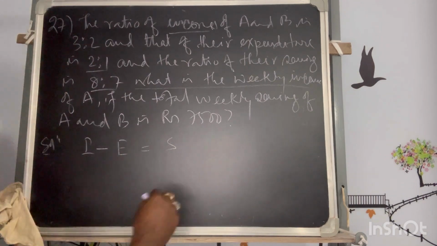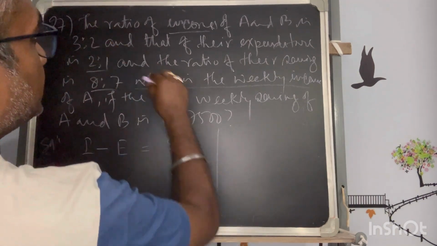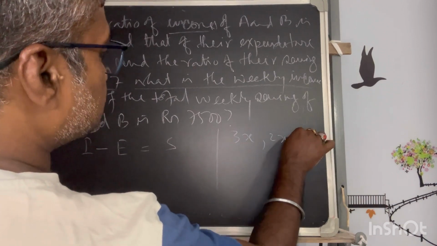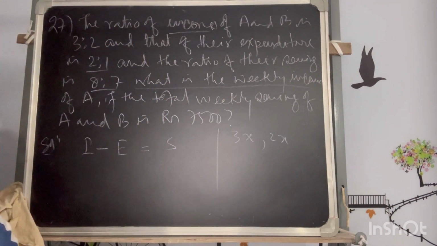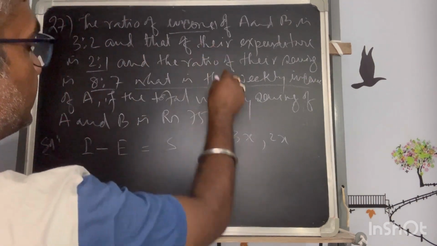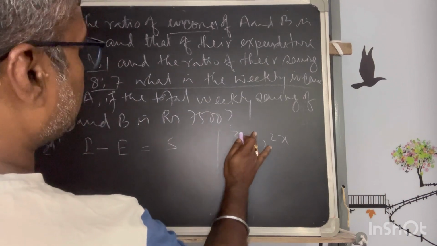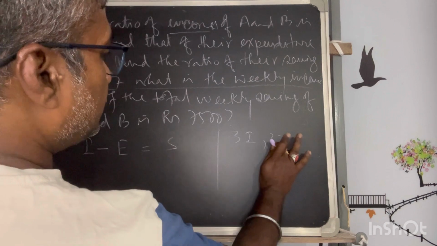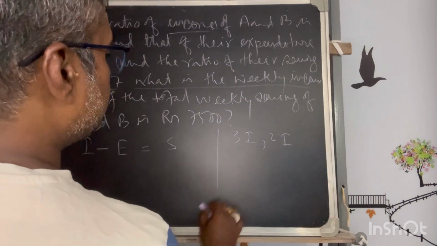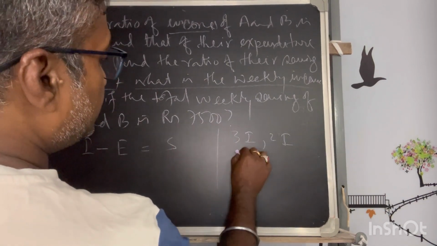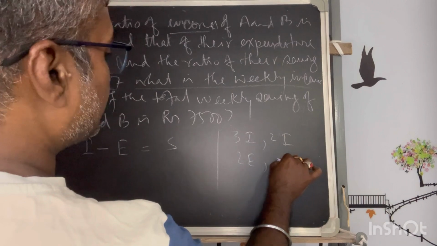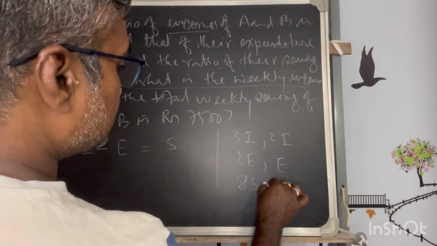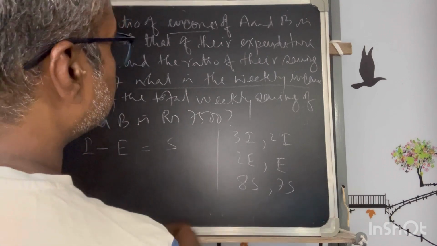Okay, so now we can take income respectively 3x and 2x as x is the common multiplication factor. Expenditure cases will take accordingly; income I am just denoting with I, so it will be easy to identify, expenditure with E, and saving is 8s and 7s.